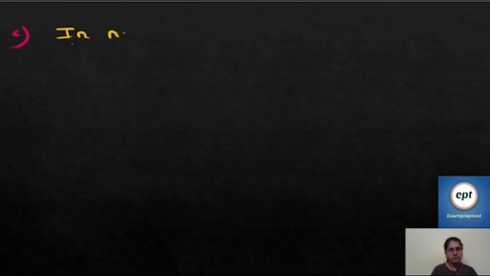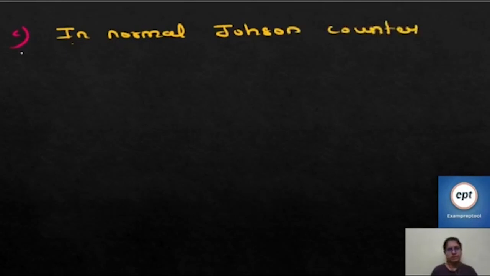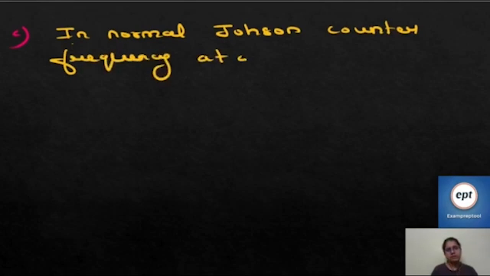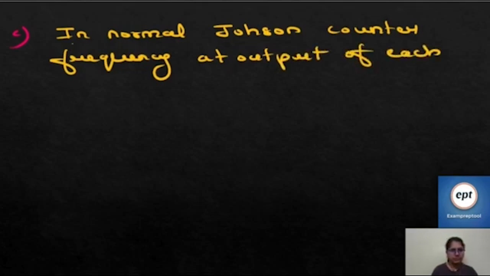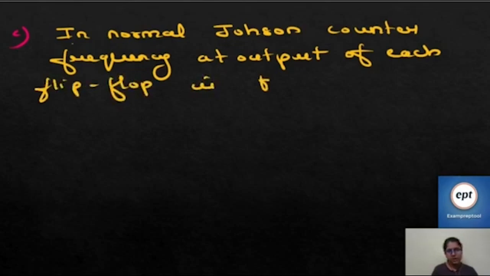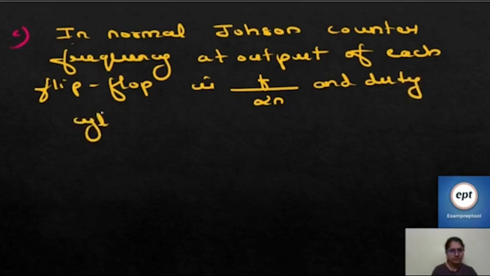In a normal Johnson counter, the frequency at the output of each flip-flop is f by 2n, and the duty cycle is 50%.